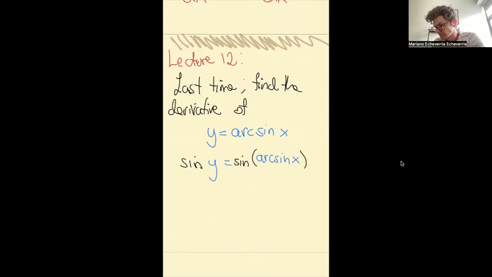But the point of sine and arc sine being inverses of each other is that when you write them next to each other, like in here, they kind of go away. So they disappear, and you're just left with x. Is that making sense so far?